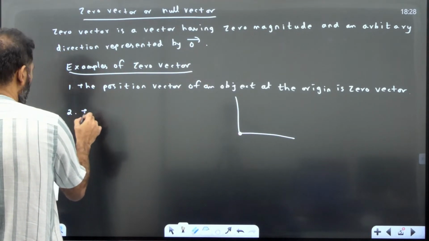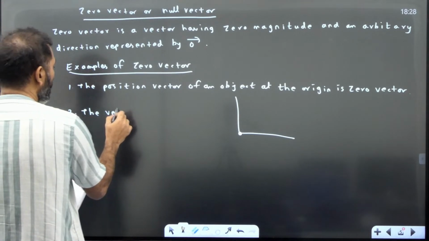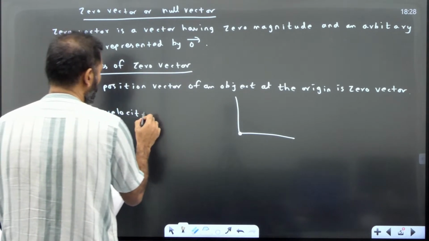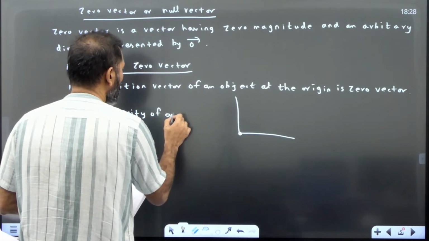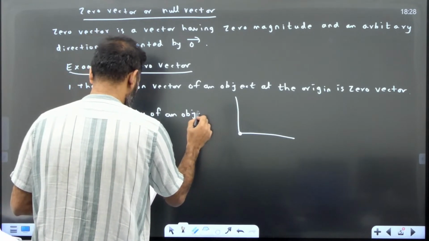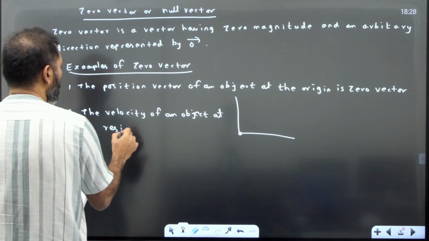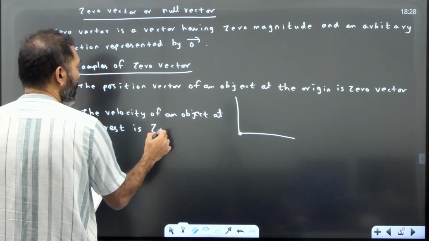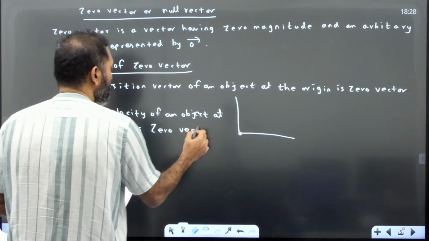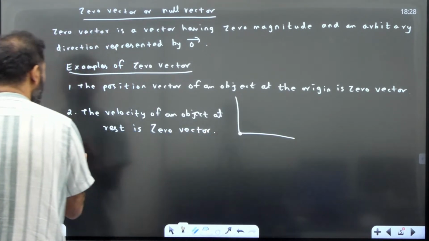Next, the velocity of an object at rest is zero vector. Velocity of an object at rest is zero vector.